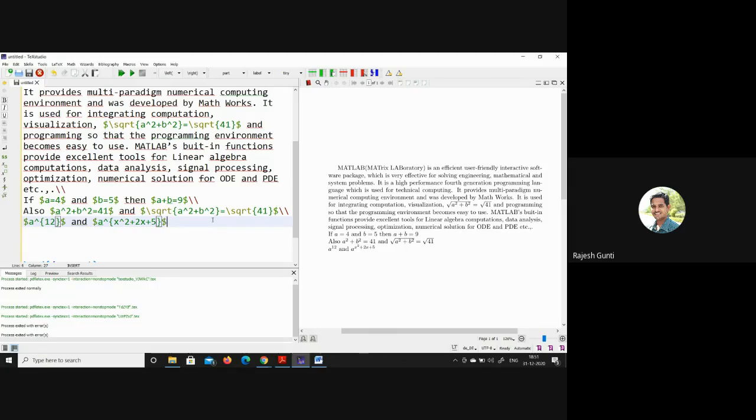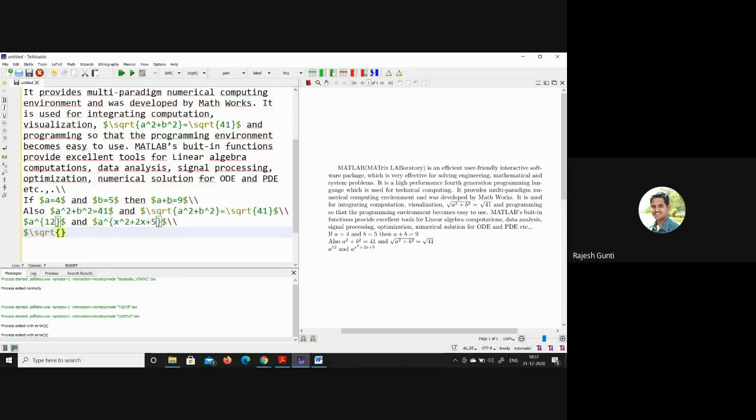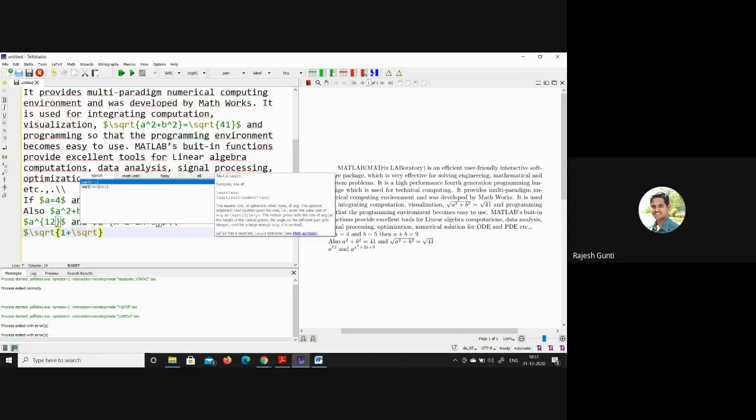Suppose I talk about a square root. I am typing something, you see, sqrt of. Now I am going to tell some advantages of LaTeX. Sqrt of 1 plus sqrt of x.